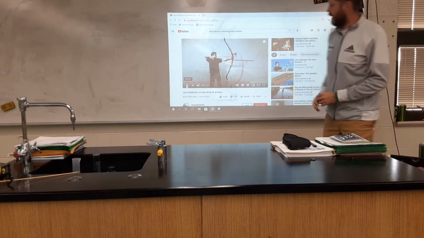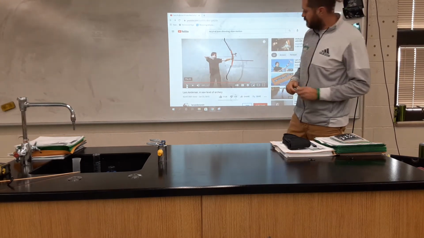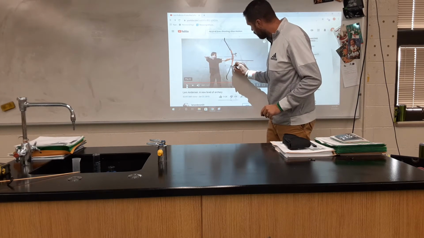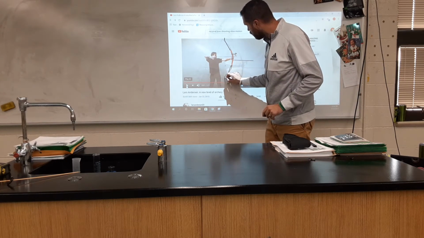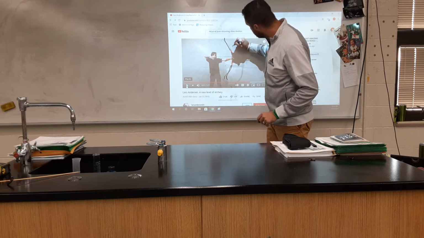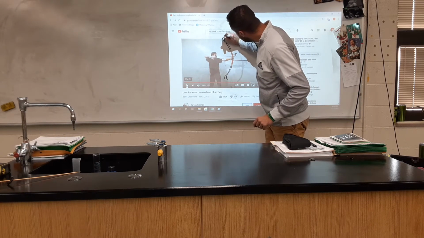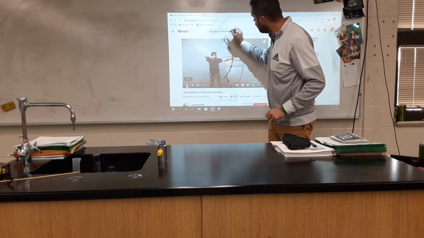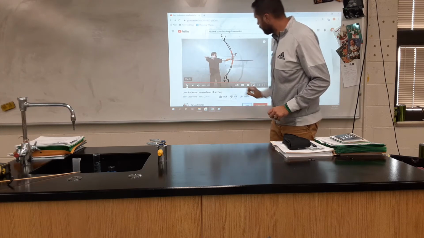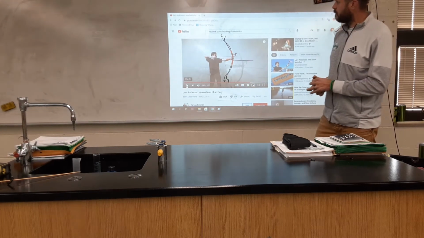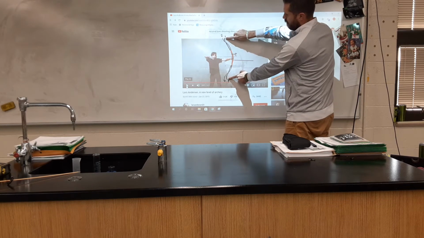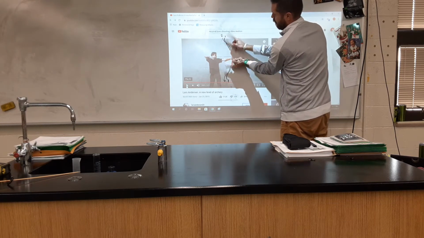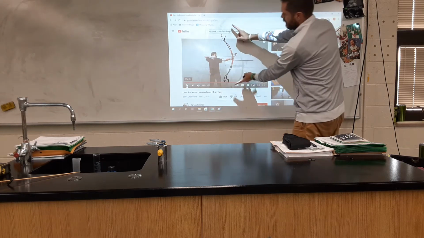When he pulls this string back, you'll see that the ends of the bow will move. He's pulled the string back, and it's probably hard to see, so I'm going to trace the bow again. Here was position 1, and position 2. At position 1, the bow's up here. At position 2, the bow flexes back, and the ends of the bow actually get closer together.